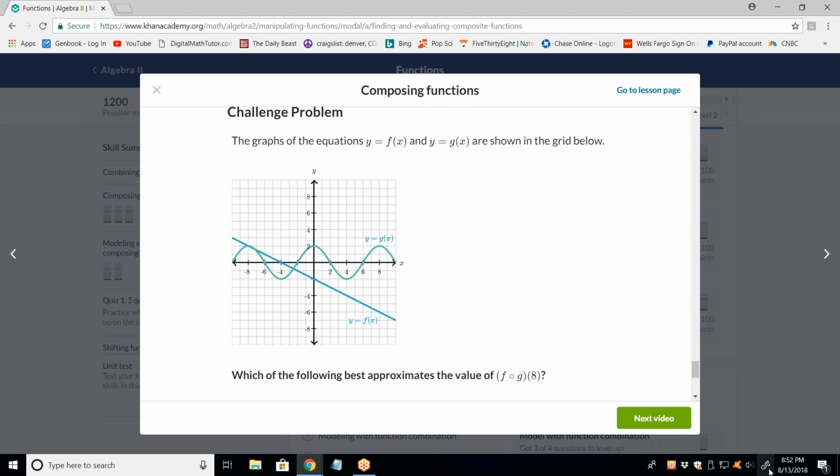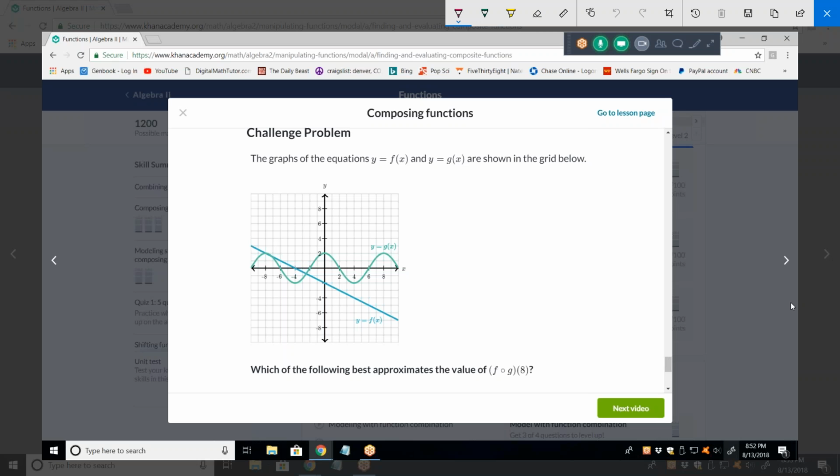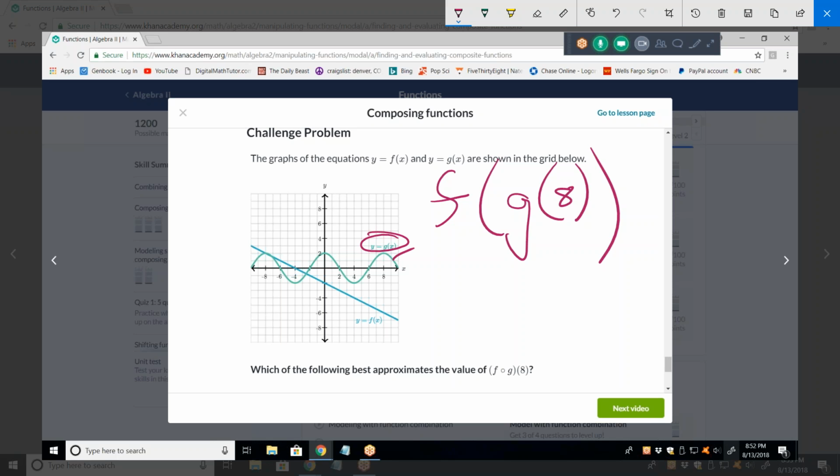Well, that means this, right? What's g of 8? This is the g function, this one, right?